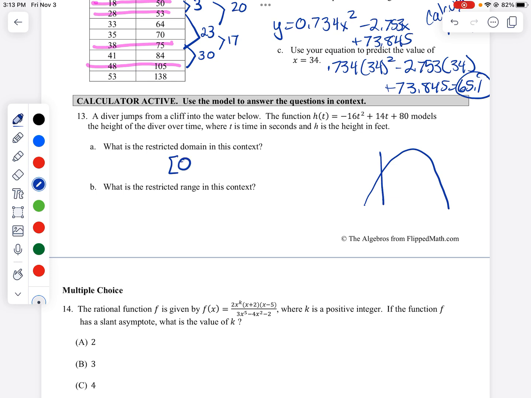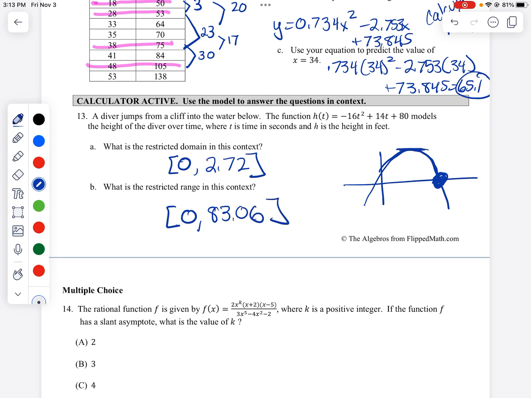So it's 0, and then you can graph it. Where does it hit the ground, right? So where does it hit the water? On your calculator, it hits it at about 2.72. And what is the restricted range? From 0 to 83.06, because we want that height up here.